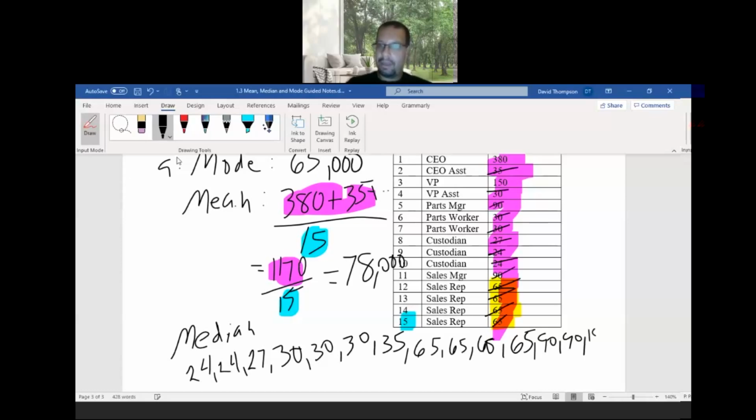So let's find the median. Cross off until you get to the middle.